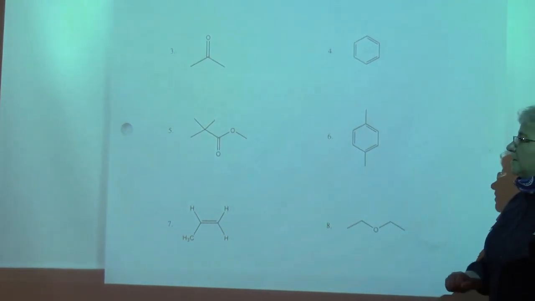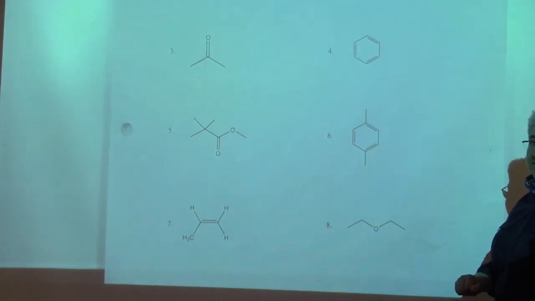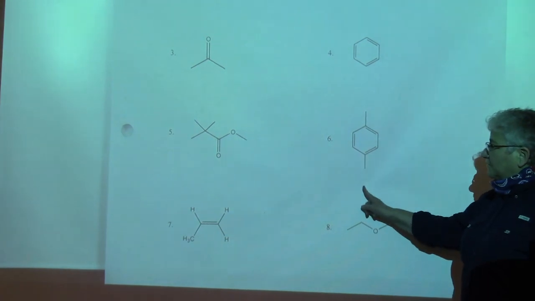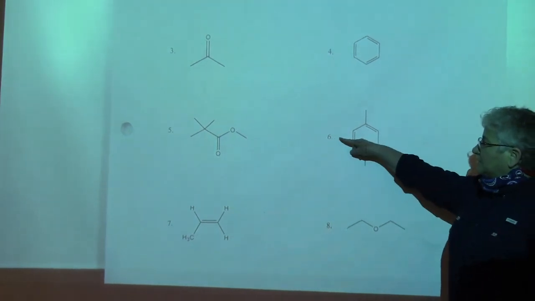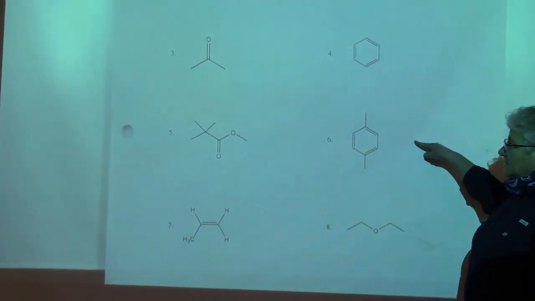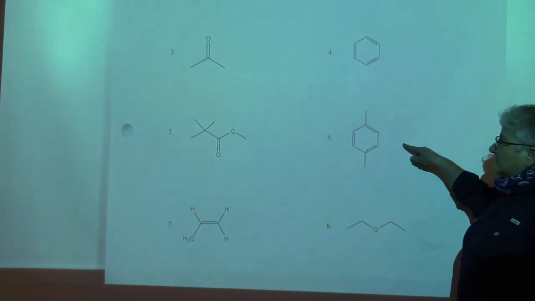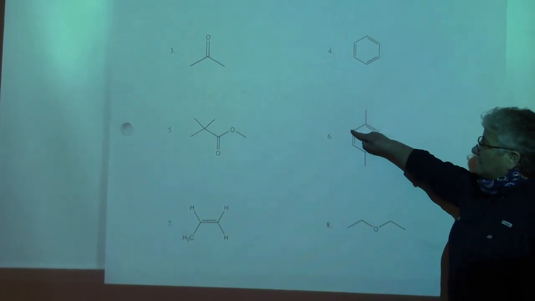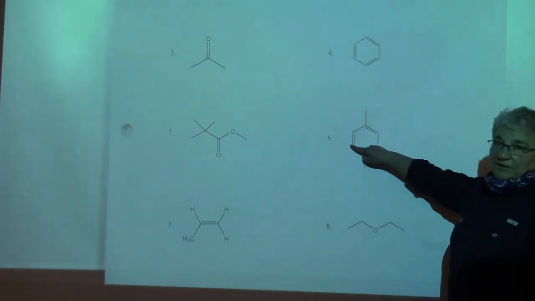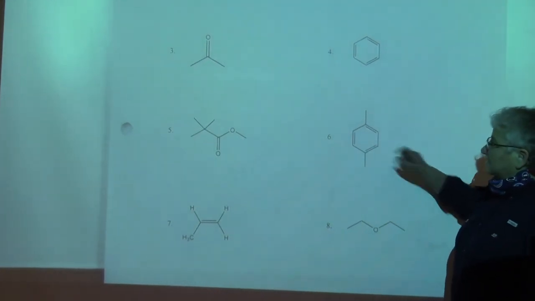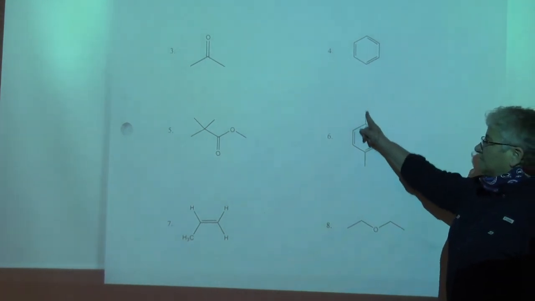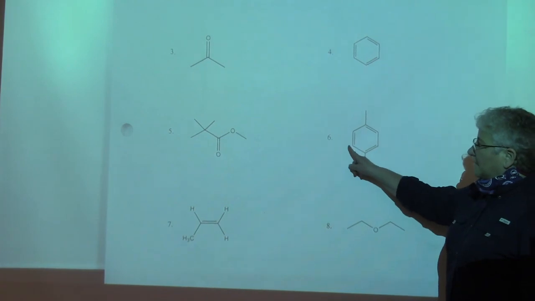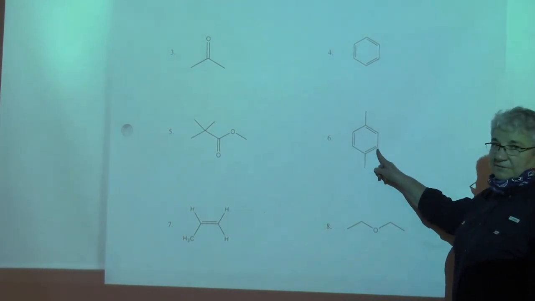All right, so over here for number 6, we have two planes of symmetry. We have a plane of symmetry that runs right down through there. We have a plane of symmetry that runs right through the center. And because of this plane of symmetry, that hydrogen is the same as that hydrogen. And that hydrogen is the same as that hydrogen. Because of this plane of symmetry, that hydrogen is the same as that hydrogen.